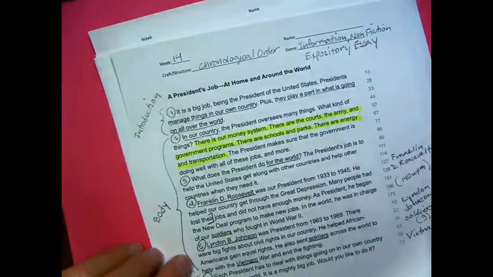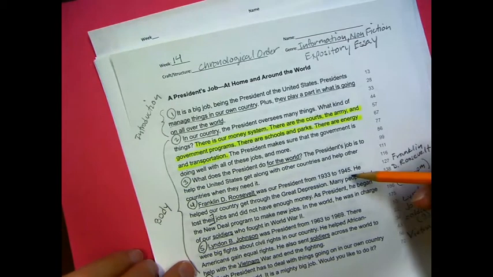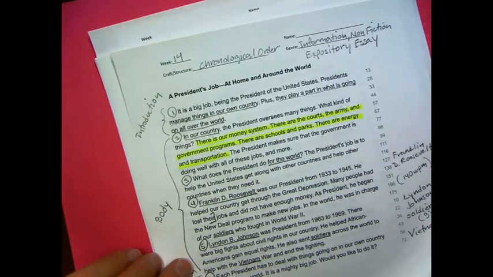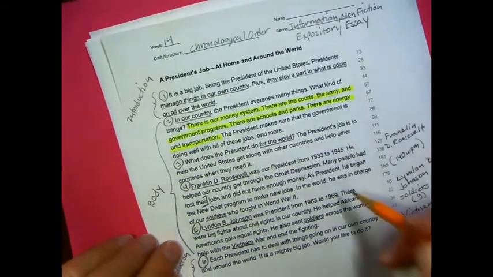Those rings are in chronological order. We aren't going to use beginning, middle, end, we're going to use, when they start using dates that are further apart, we call that chronological order. And that was just what they used right here, chronological order.